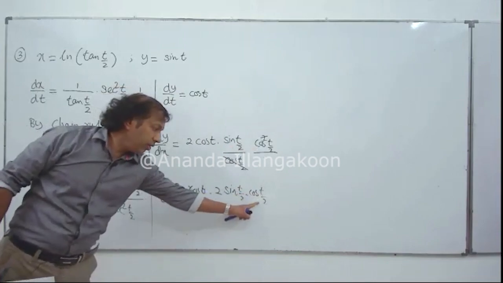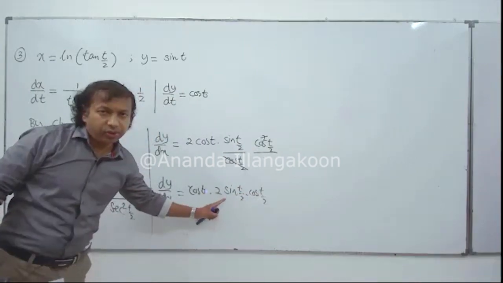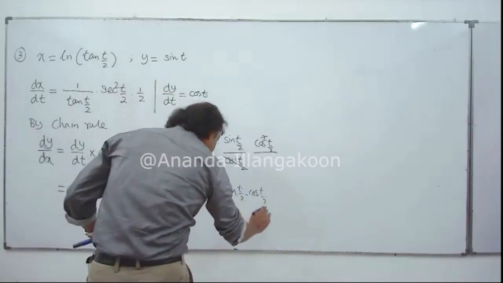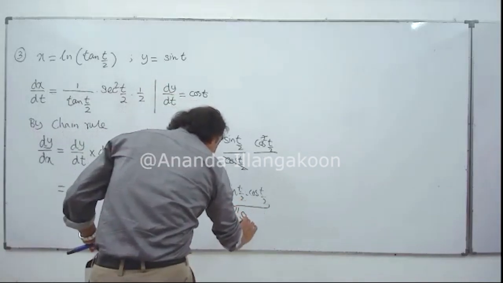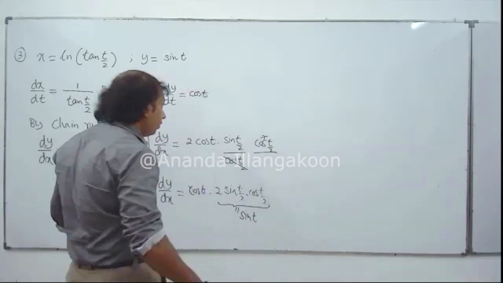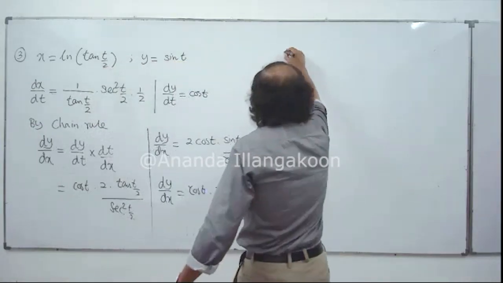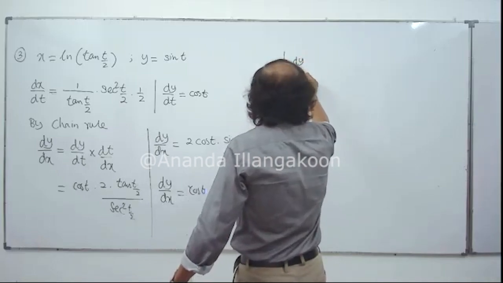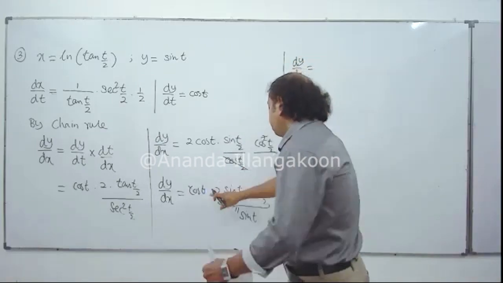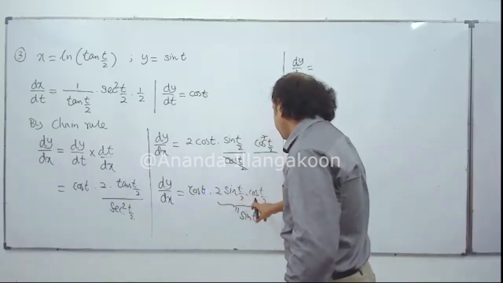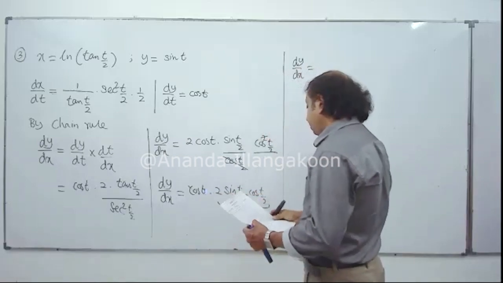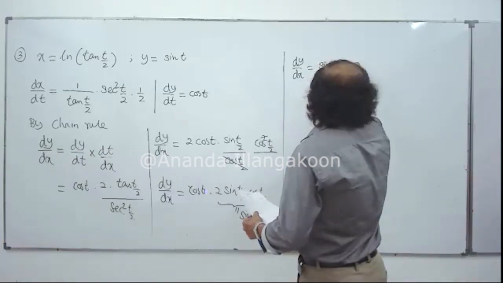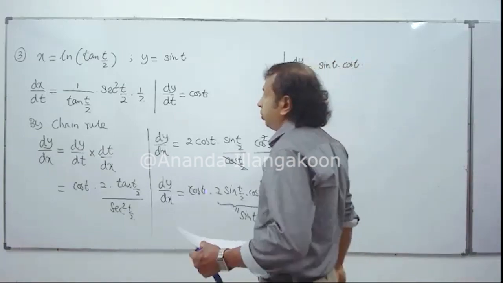This is really what? 2 sin(t/2) into cos(t/2) means sin t. Then we get dy/dx as cos t, and 2 sin(t/2) cos(t/2) is sin t. Then sin t into cos t comes.